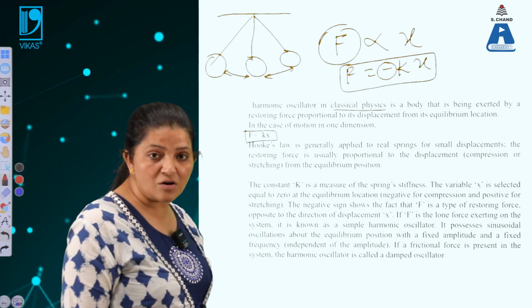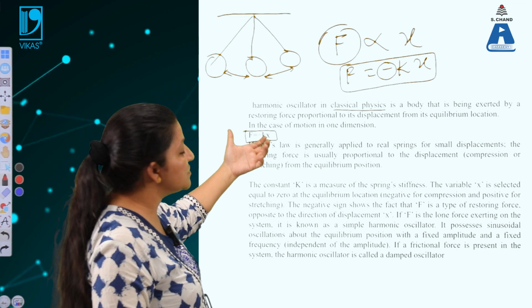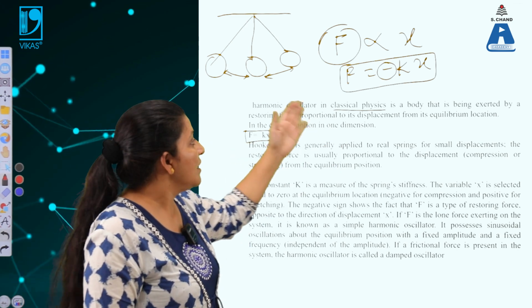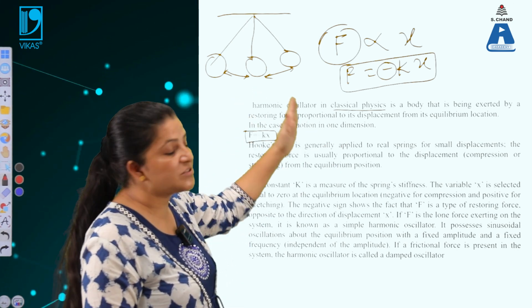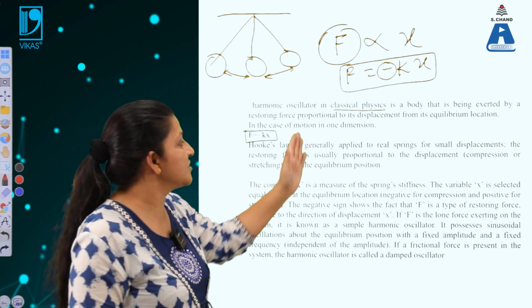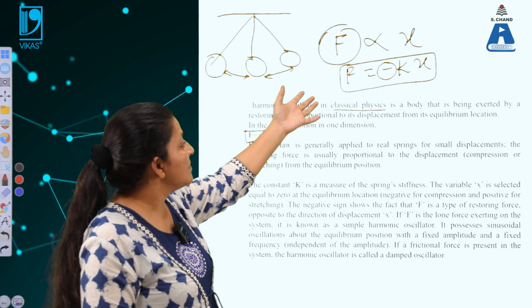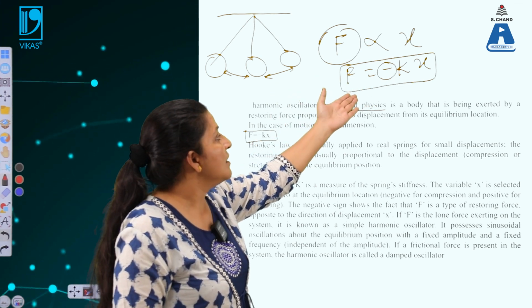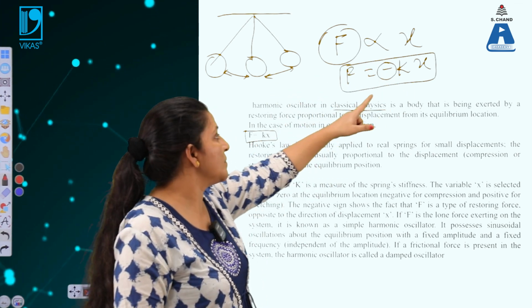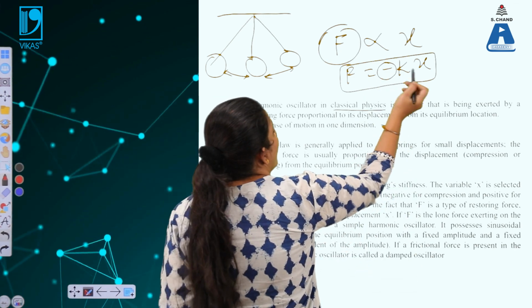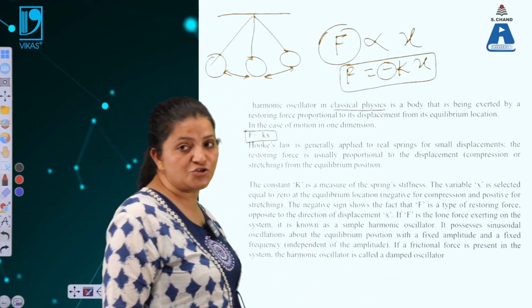According to Hooke's law, the force acting on the body always acts in the opposite direction to its displacement. So the force or acceleration is directly proportional to the negative of the displacement, and they act in opposite directions.